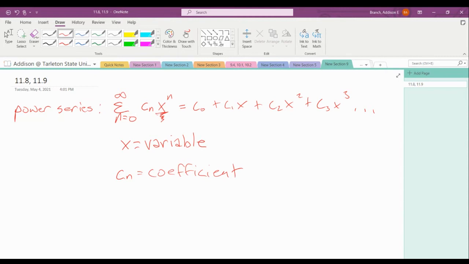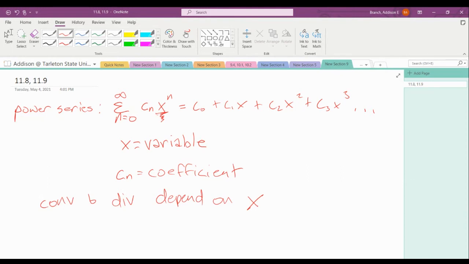Whenever we talk about power series, we can talk a little bit about convergence and divergence. Like we said, x is an unknown variable, and because of that, convergence and divergence depend on x. This is actually based a little on geometric series.